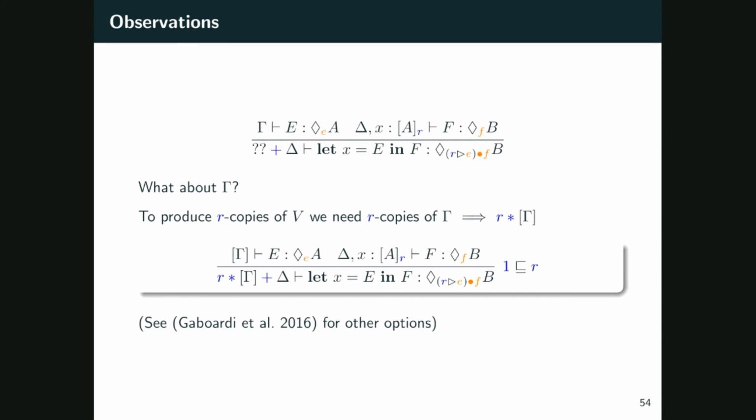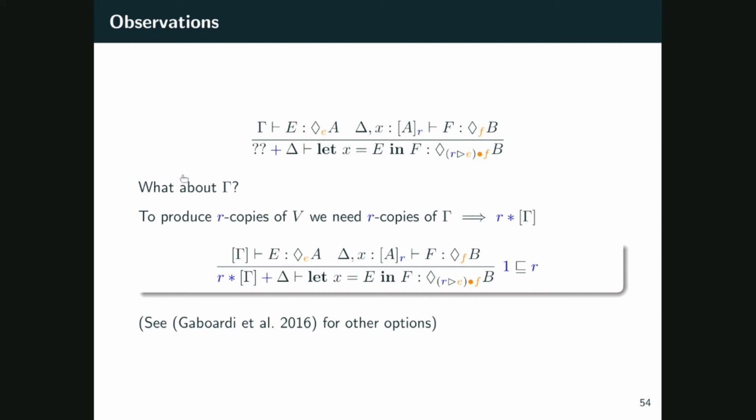Okay, and using these monotone actions, we can start to figure out what this new sequencing rule is. The last thing that we need to understand is what happens to this environment here. Well, of course, if we run program E R times, we also need to multiply the resources somehow in gamma by R, right?